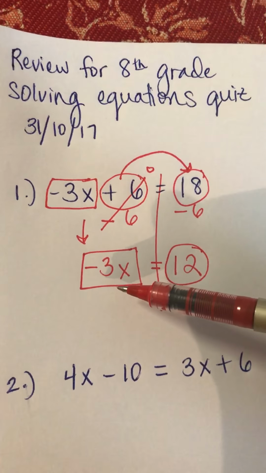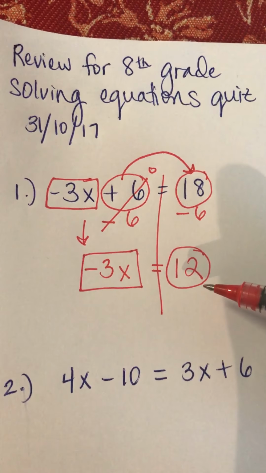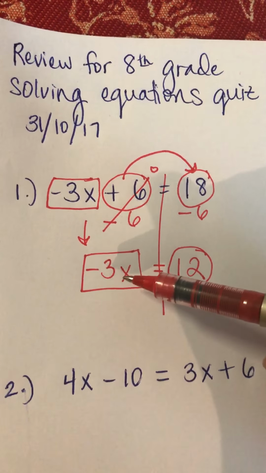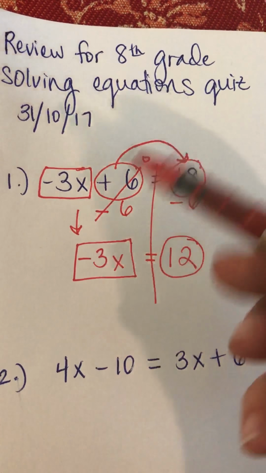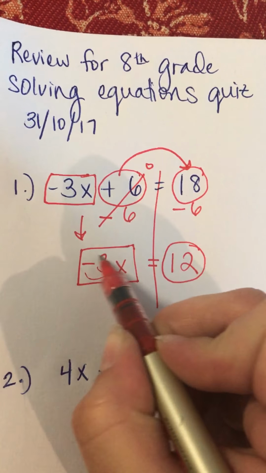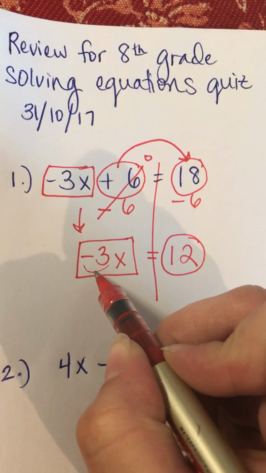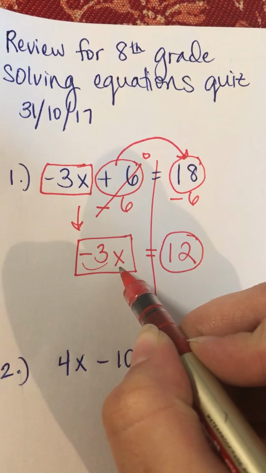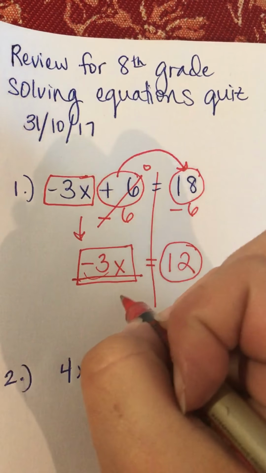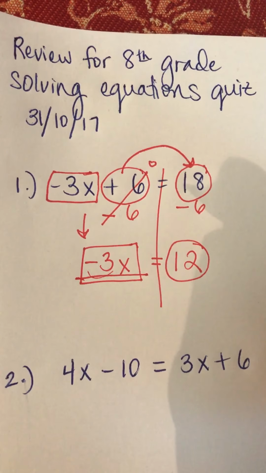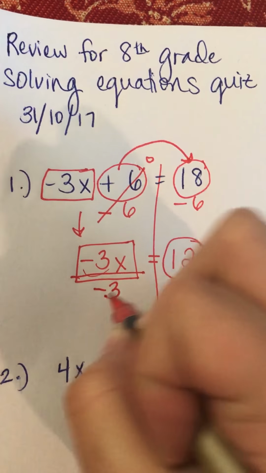Okay, when I have all the variables on one side and the constants on the other side, now I want to focus on just getting rid of anything that's attached to the letter. So right here I have a negative 3, and I don't want that there. This is multiplication. It says negative 3 multiplied by x. To break off the negative 3, I do the opposite of multiplication, which is division.